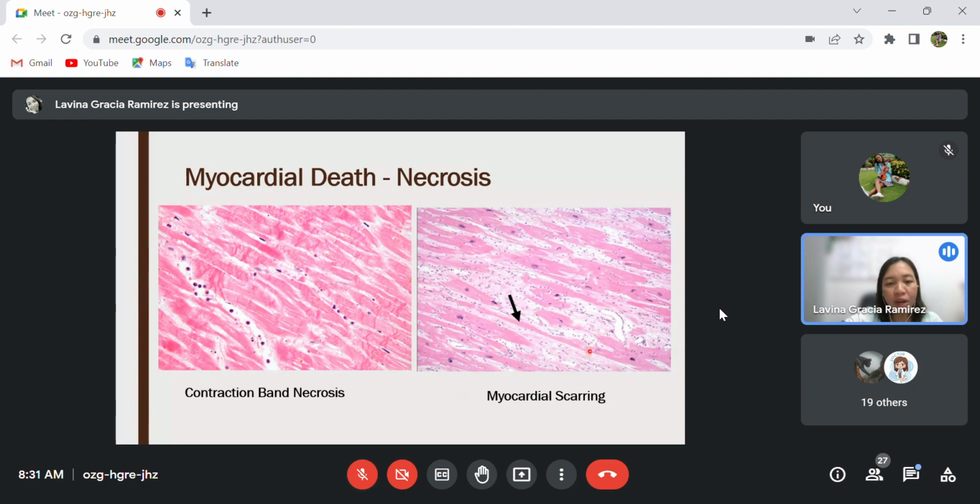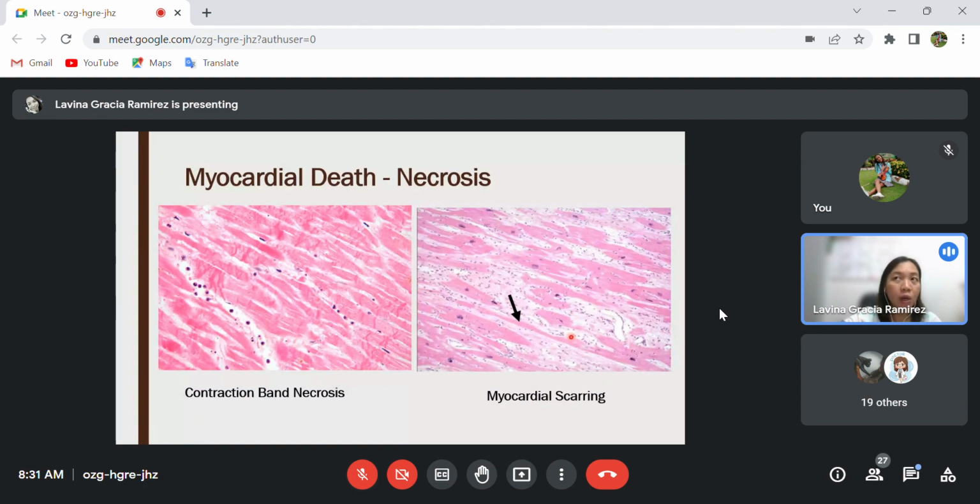For myocardial scarring, there is deposition of fibrous connective tissue, where the active or normal myofibers are replaced by fibrous connective tissue. Aside from that, you can also see some inflammatory cells. This is what it looks like when myocardial death occurs.